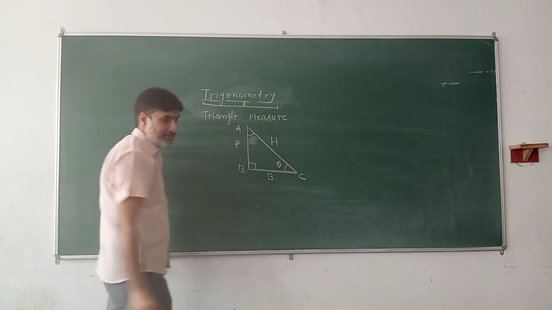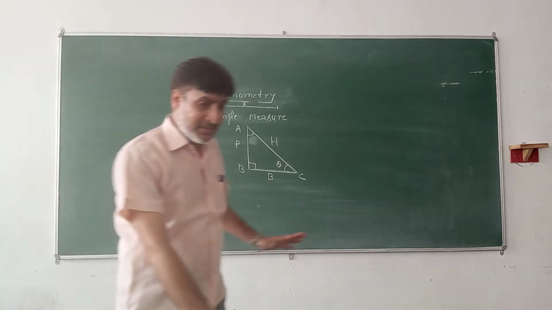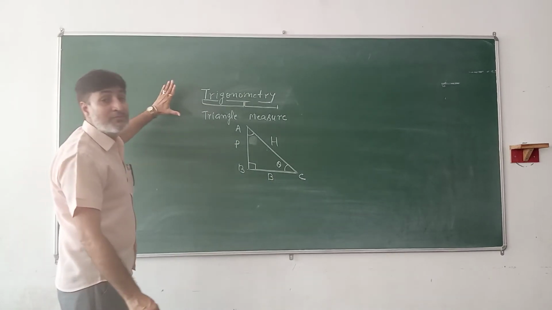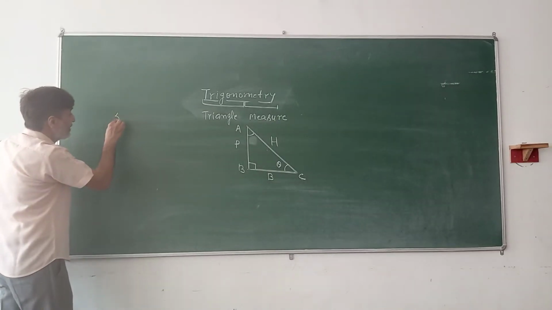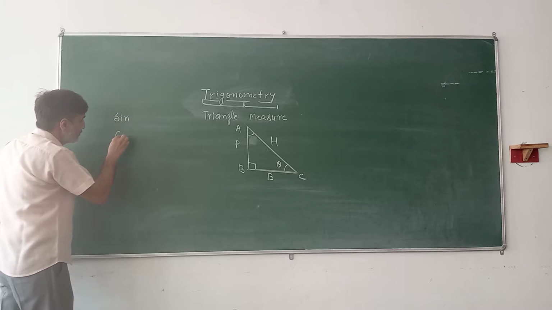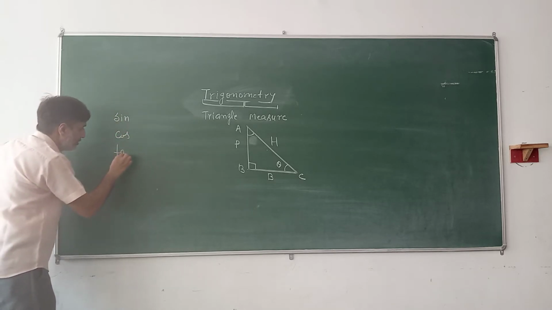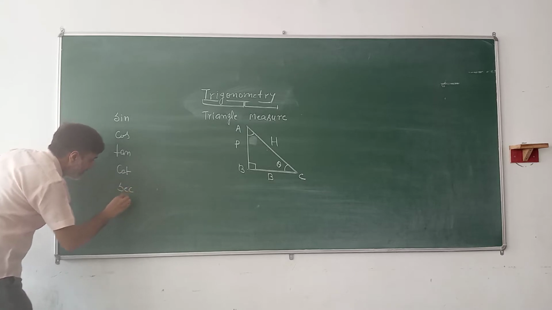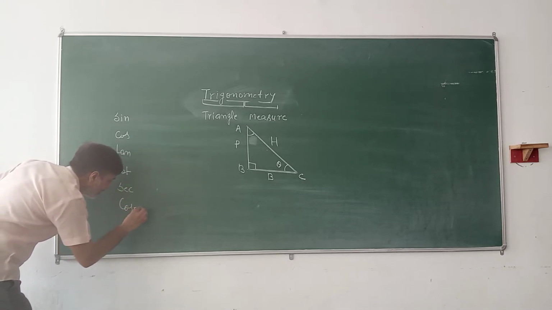Now students, we have 6 basic trigonometrical ratios, which are as follows: sine, cos, tan, cot, sec and cosec.